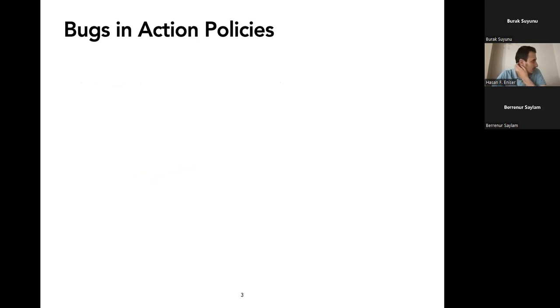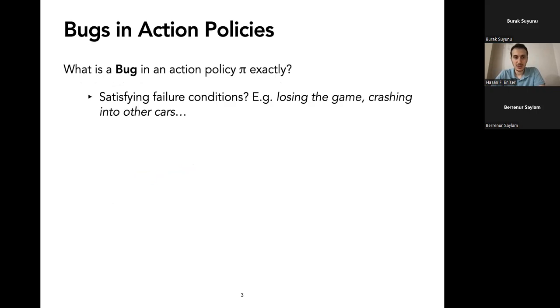So what's a bug in an action policy? This is the first question that we should answer, and a natural answer is satisfying a failure condition. For example, losing the game, crashing into other cars, or in general not satisfying the task in the environment.